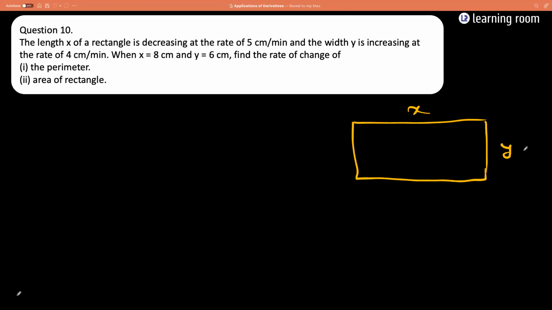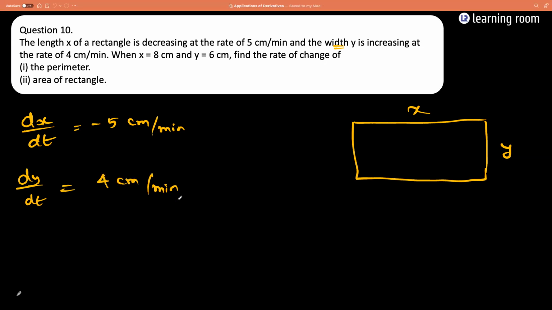So length x of a rectangle is decreasing at a rate of, so dx by dt, what should I take? Minus 5 centimeter per minute. And width is increasing at a rate of 4 centimeter per minute. When x is equal to 8 and y is equal to 6, find the rate of change of perimeter.